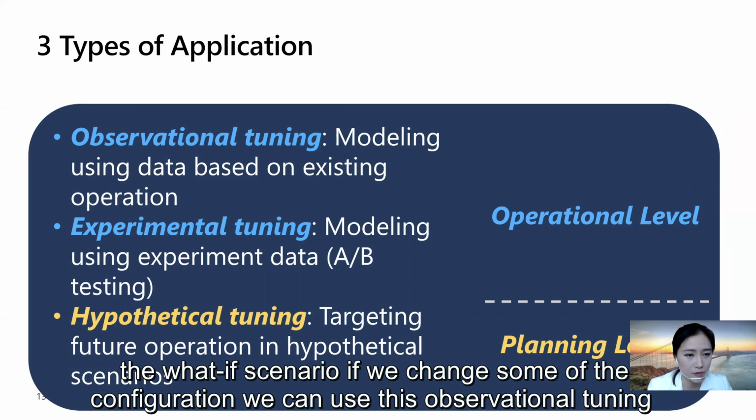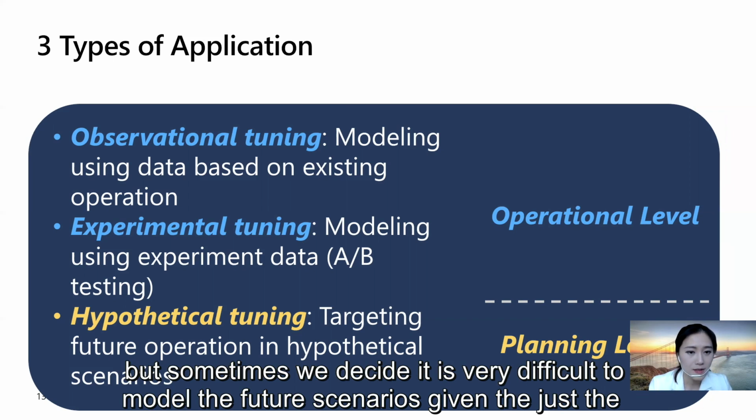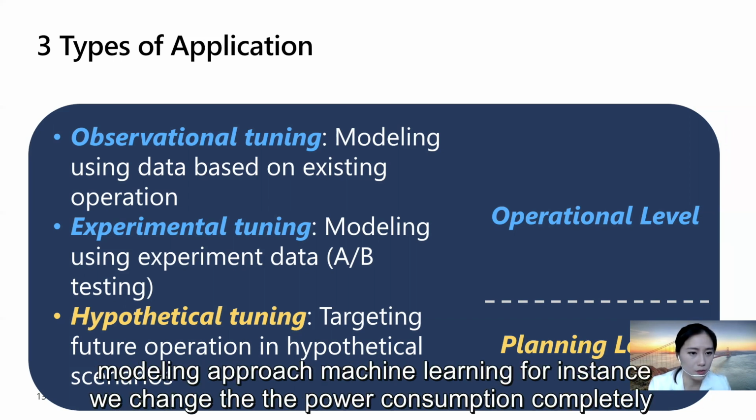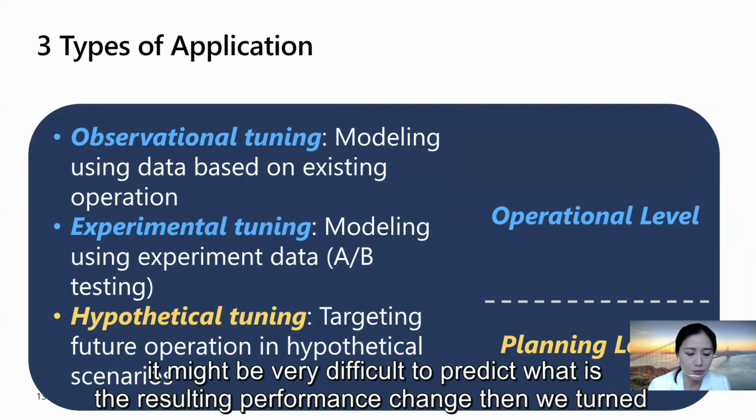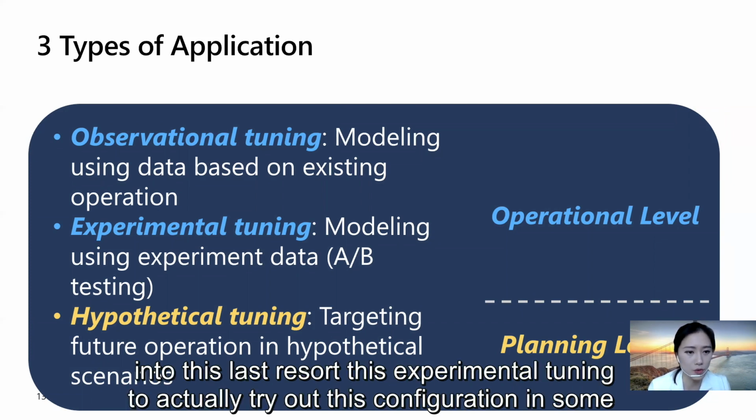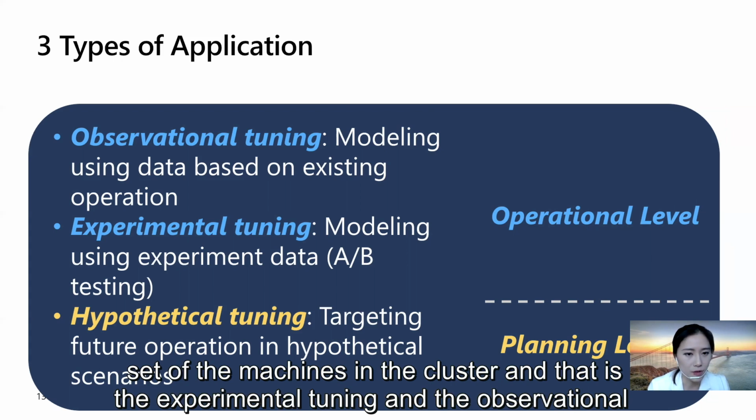But sometimes it is very difficult to model future scenarios with just a machine learning approach. For instance, if we change the power consumption completely, it might be very difficult to predict the resulting performance change. Then we turn to this last resort, experimental tuning, to actually try out the configuration on some set of machines in the cluster.